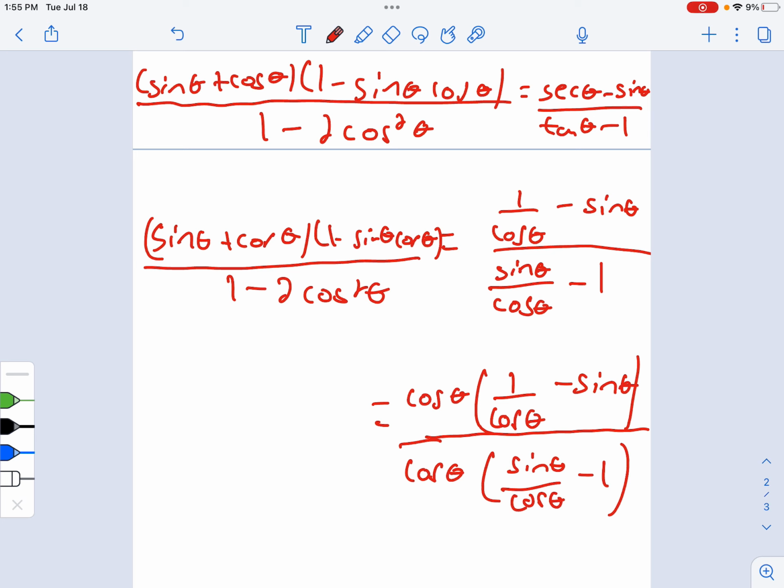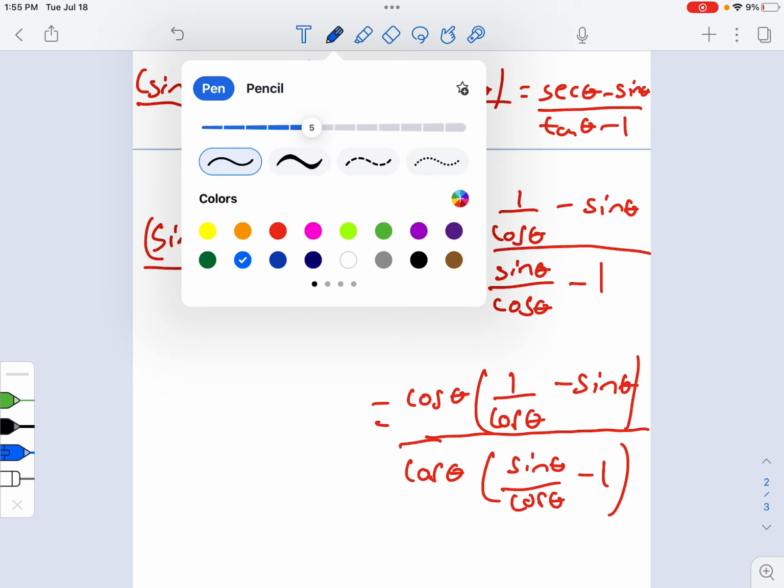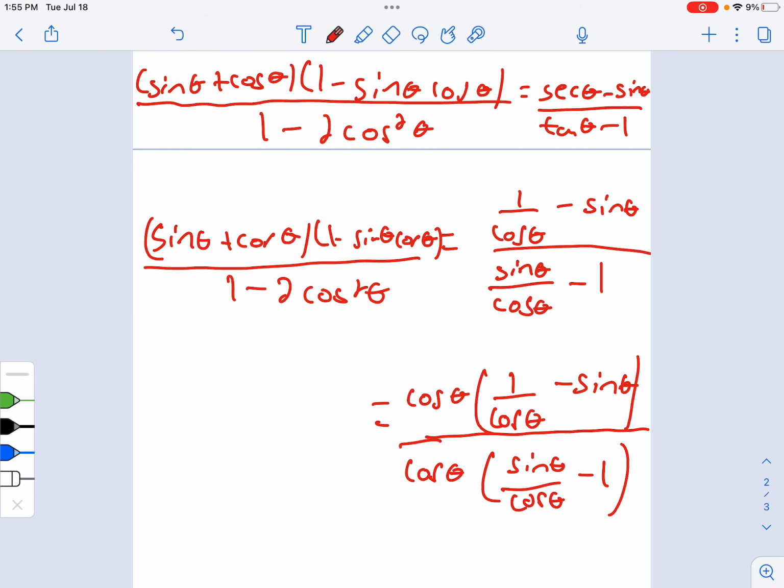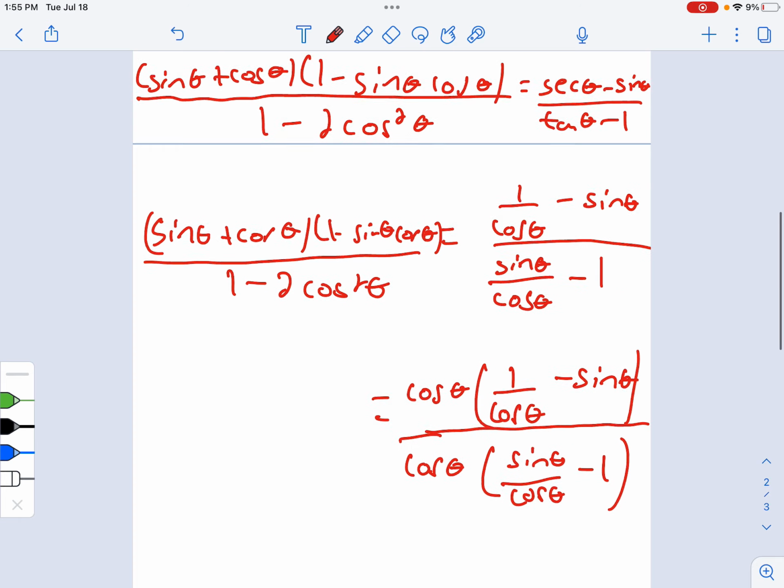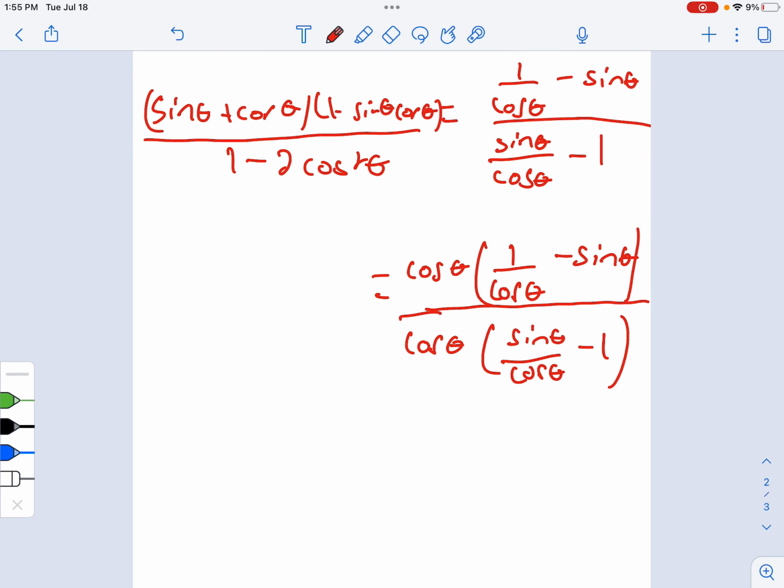And the way it works is if you go back to the previous step, if you looked at all the fractions involved, all 4 of them, and got a common denominator for them, it would be cosine. And when you multiply by that common denominator on both the numerator and the denominator, to simplify this expression, you get rid of all these fractions that you see here, even though the one big fraction stays, so I'll explain that in a second.